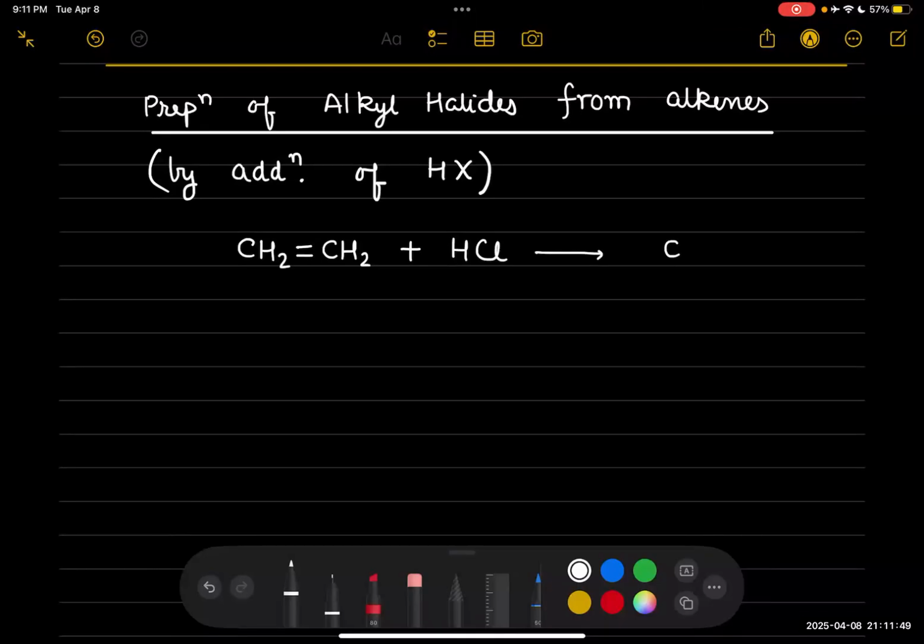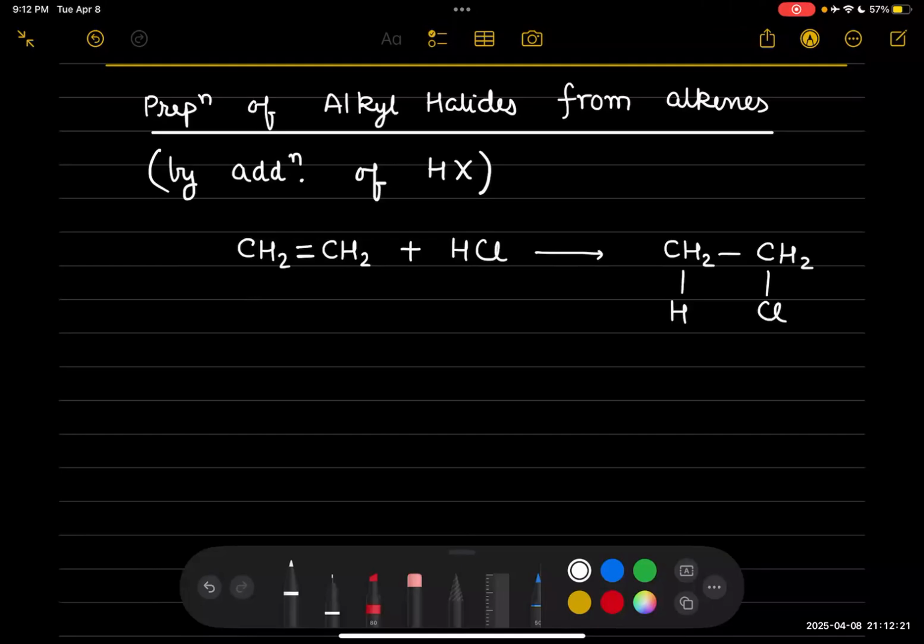They will get added onto the double bond. The double bond will break. If you break this bond, you will worry about what will happen to the bonds. On one atom you will put H, on another atom you will put Cl. Is that clear or not?